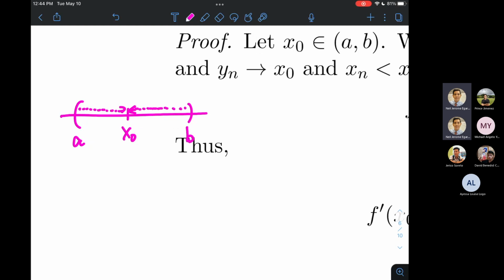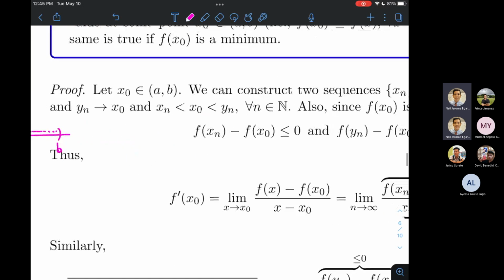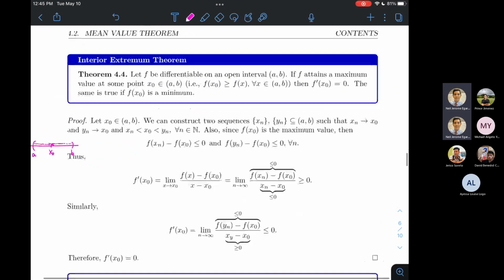Kasi ang kagandahan nito, si x sub 0 ay parehas left limit point at saka right limit point. So that's why the construction of these two sequences actually is quite elementary. Right? Or we know that it is indeed possible to construct such two sequences.